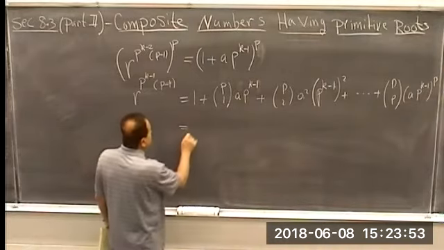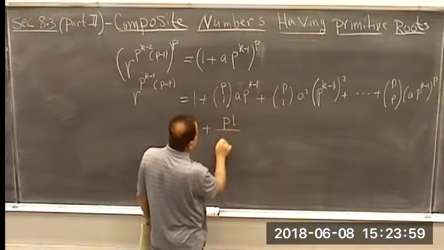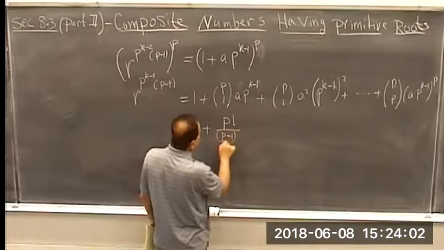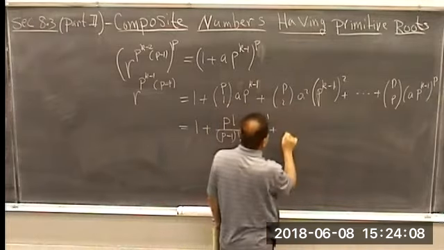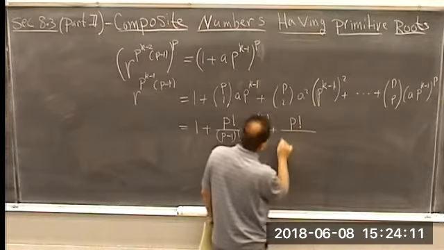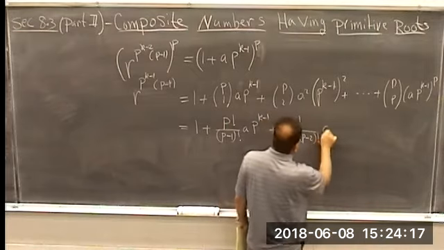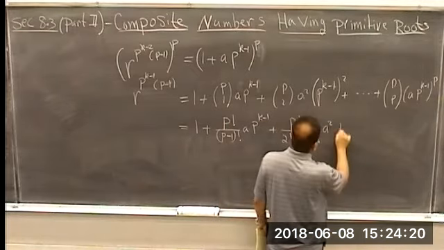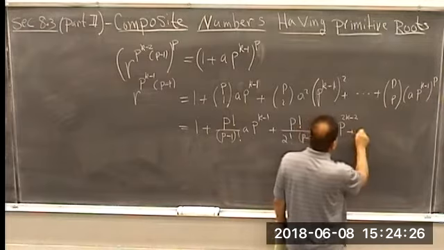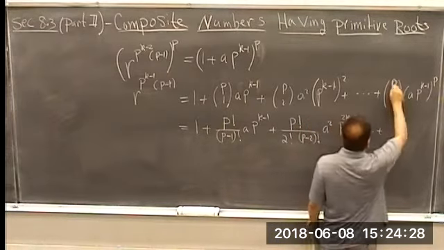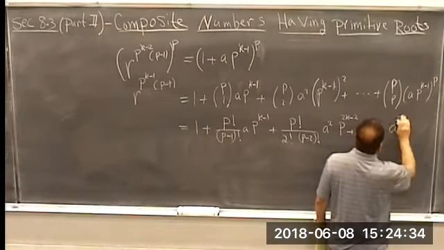So this is equal to 1, plus p factorial over (p minus 1) factorial times a p^(k-1), plus p factorial over 2 factorial (p minus 2) factorial, and then we have a squared, and then p^(2k-2), and then the other terms. And the last binomial coefficient is 1, so this becomes a to the p, and we leave it as is.